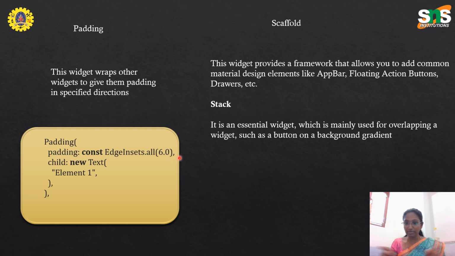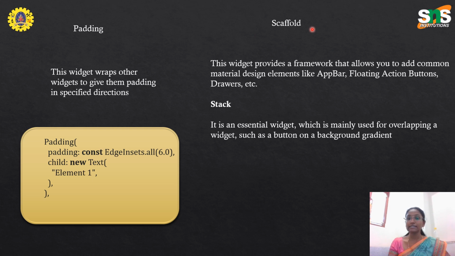All the edges will be 6.0. In the padding I create one text widget, with child colon new Text, which is called element 1. This particular text will be displayed in the padding, in my row. That is the padding.